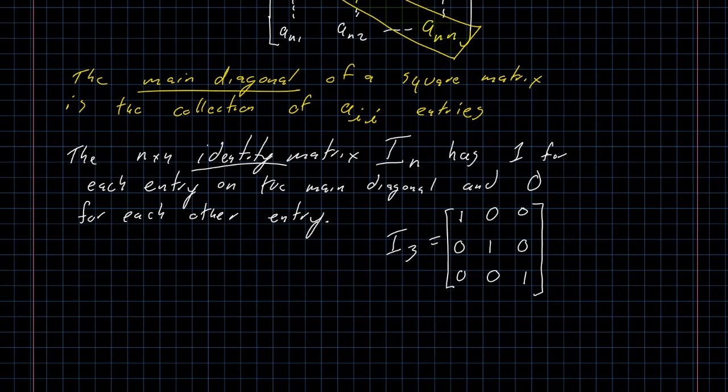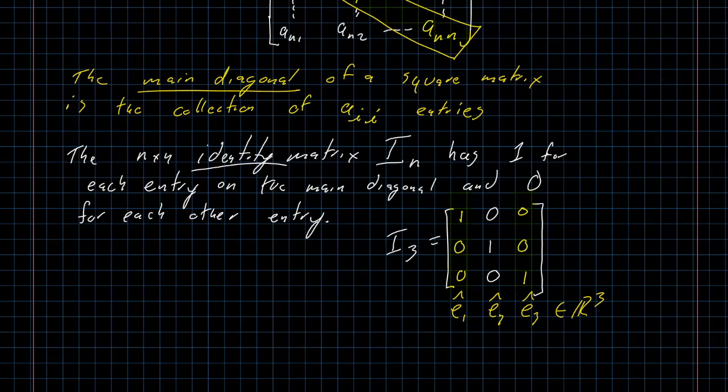The property that I want to immediately call to your attention about the identity matrix is if you take the columns of the matrix, you get the standard unit vectors for Rn, right?